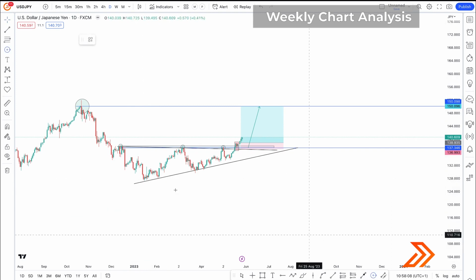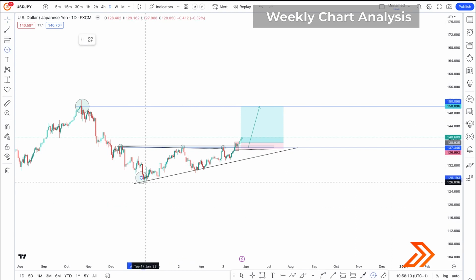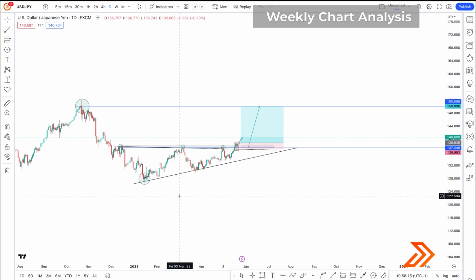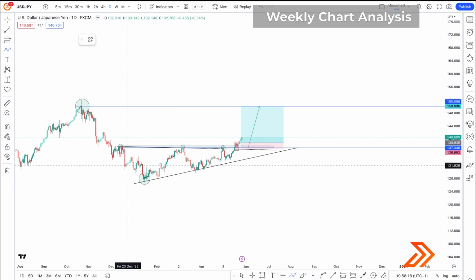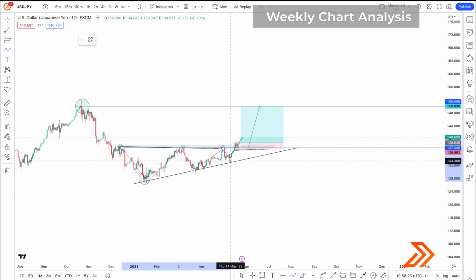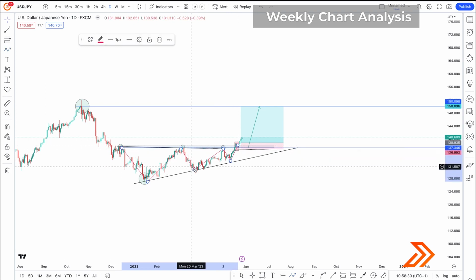Let me highlight that level for you guys. So price dipped onto this level, and since then you notice that price has been ranging within this channel, bouncing off this support and resistance channel before we had this breakout.